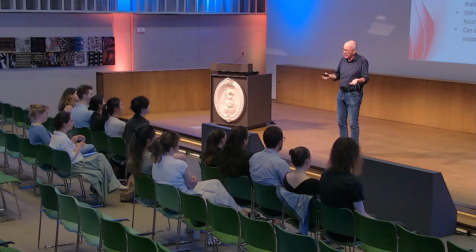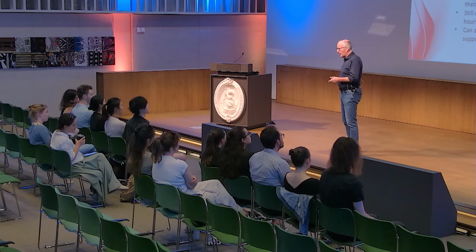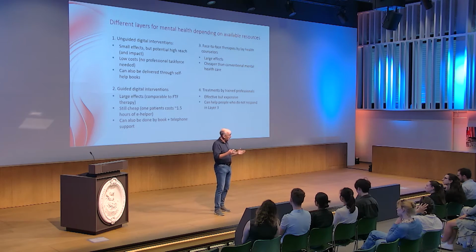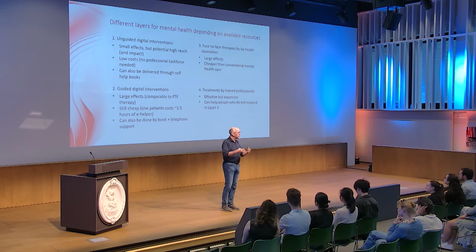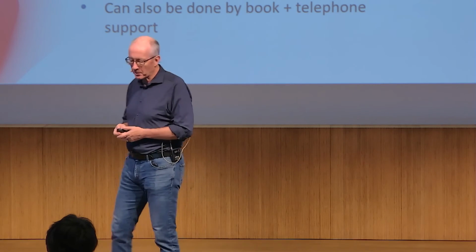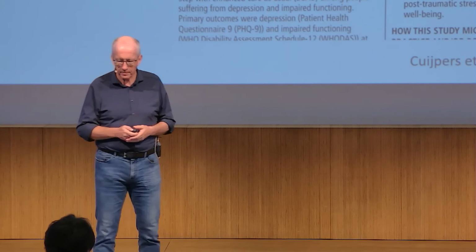That works in exactly the same way. If you have more money, you can start with lay health counselors in primary care centers, where you train people to deliver psychological treatments. And then you get to the next level, what we have in high-income countries in Northern Europe, treatment by trained professionals.